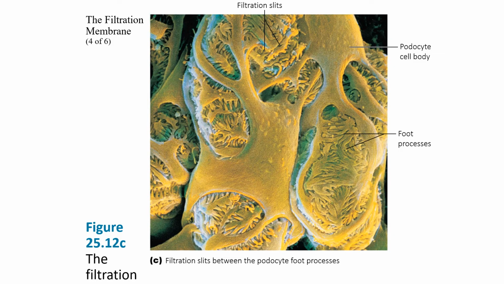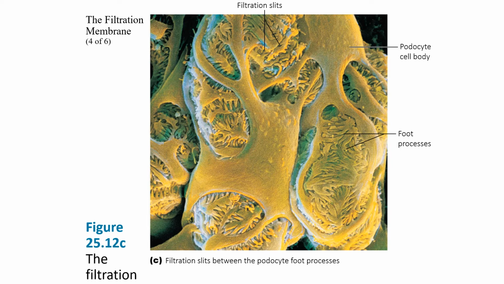This is a really nice scanning electron micrograph of the podocytes, the foot processes, and then you can see the slits in between that are the filtration slits between the podocytes. Stop and think about this.